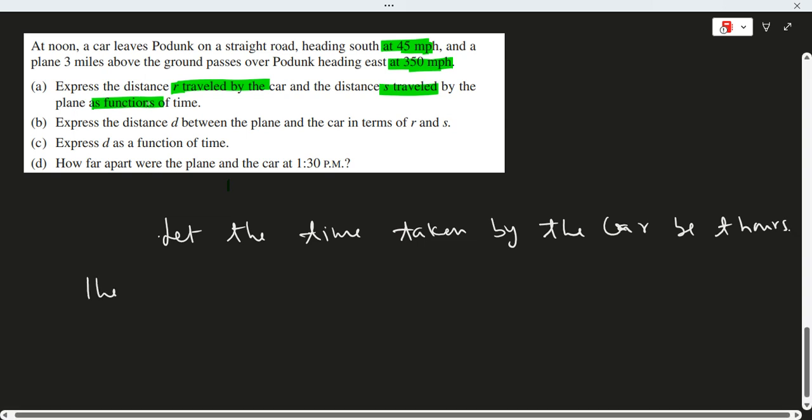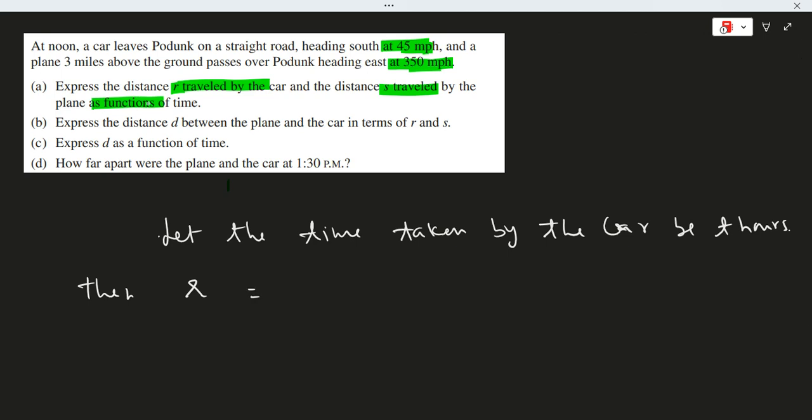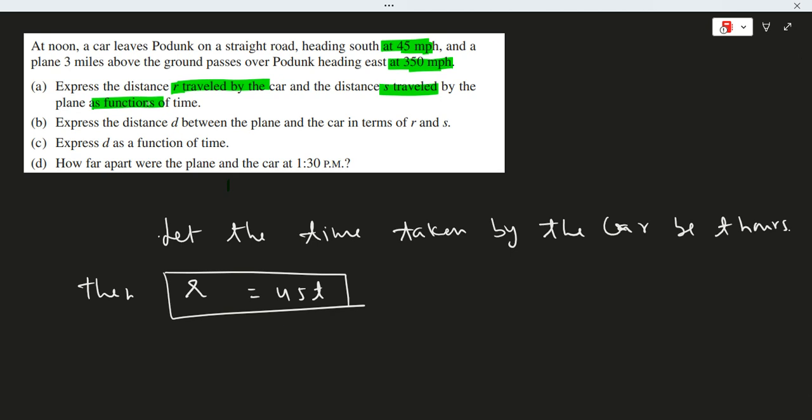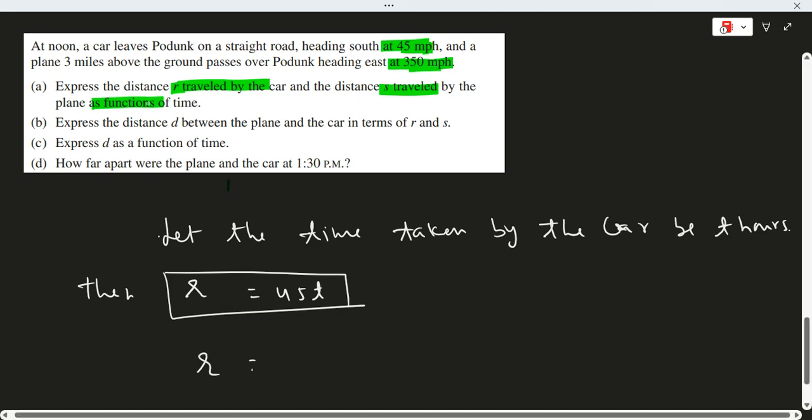Then r, the distance, will be 45 times t. So this will be the function. The distance traveled by the car, r, will be 45 times t, a function of t. So one equation is r equals 45t.